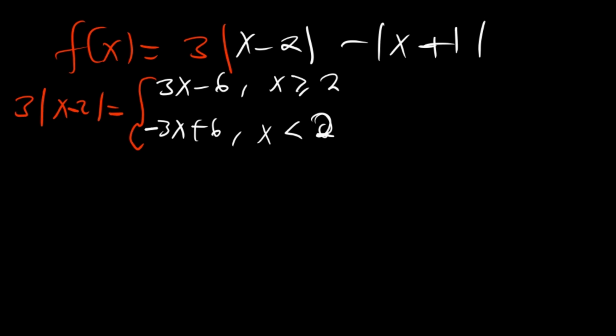Initially we are multiplying this by plus or minus x minus 2. So the first part, when you multiply it by positive, you put greater than or equal to. When you multiply it by negative, you put less than.